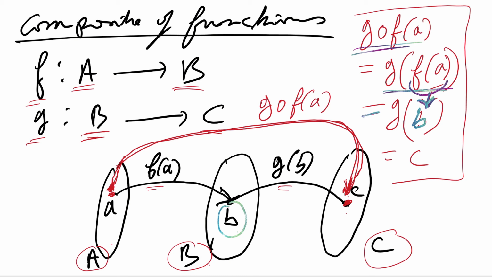Now you can compute g of b. What's g of b? It gives us c. So you can see that we go straight from a to c using g round f of a. So I think this is the key picture. If you understand this, you are good to go.